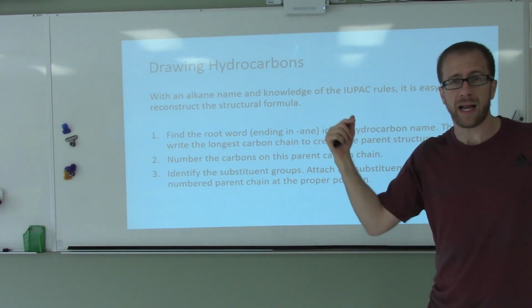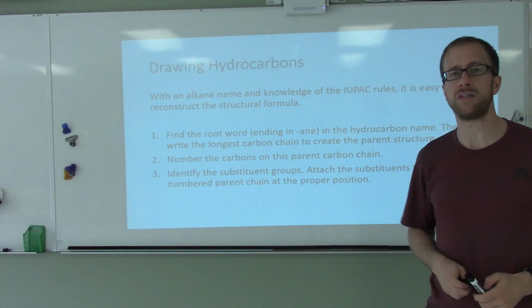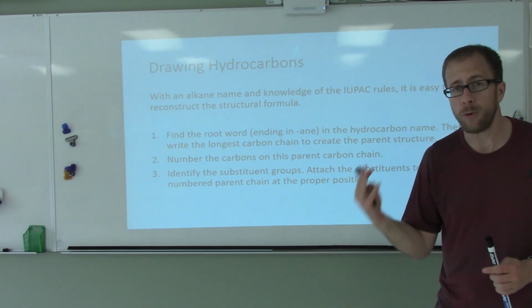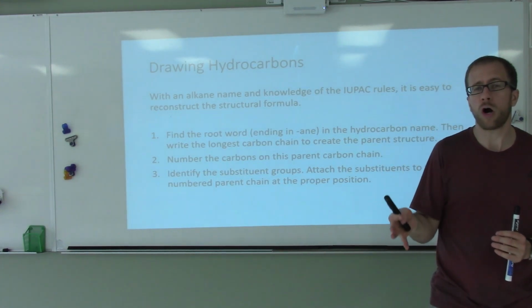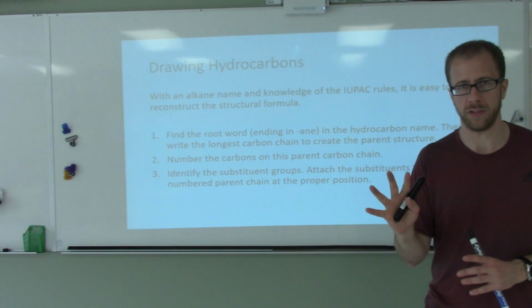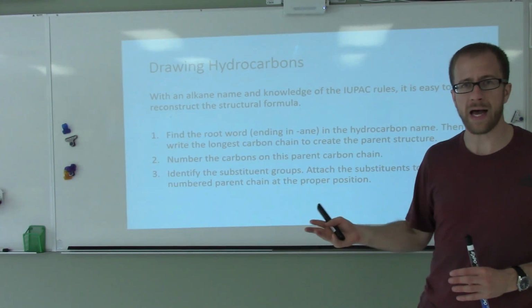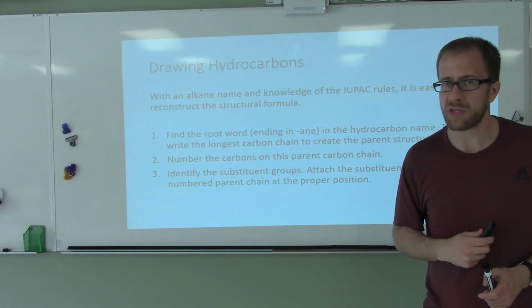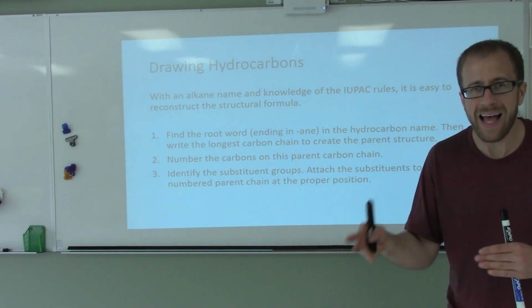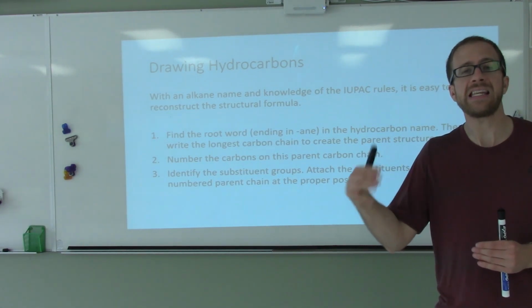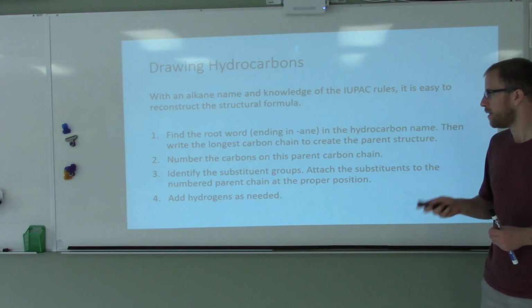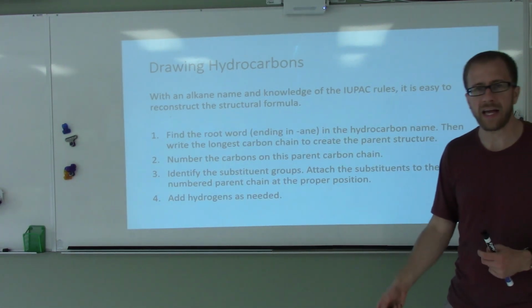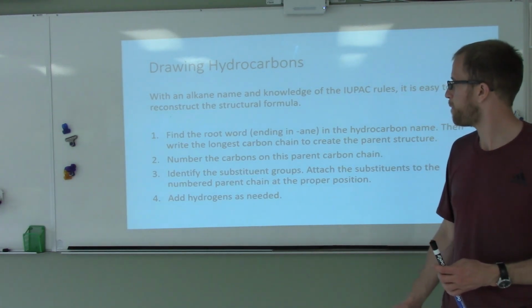Students will often tell me I have 6 things bonded to that carbon. So it's very important that you double check. Make sure each of your carbons only has 4 bonds, right? If it has more than that, well, eliminate some of those hydrogens. If it has less than that, add some hydrogens, right? We have to add hydrogens as needed.